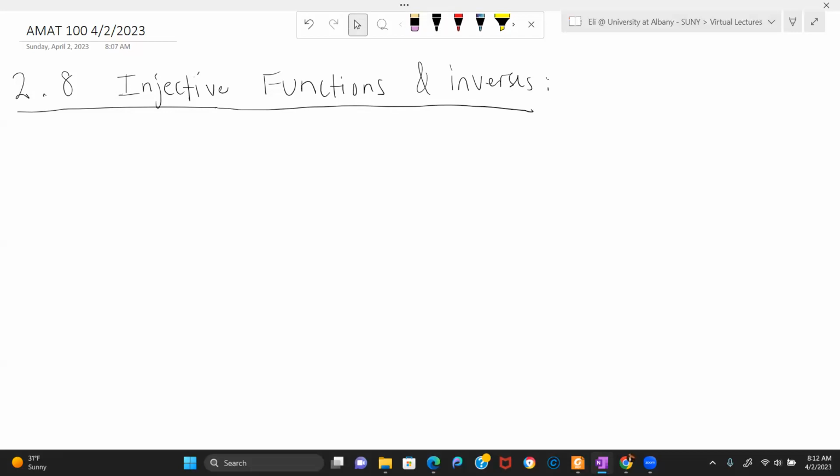So first of all, let's just recall the definition of a function. Let me get this definition up, and just remember some key properties of a function before we can talk about what an injective function is. So it's going to be a type of function.